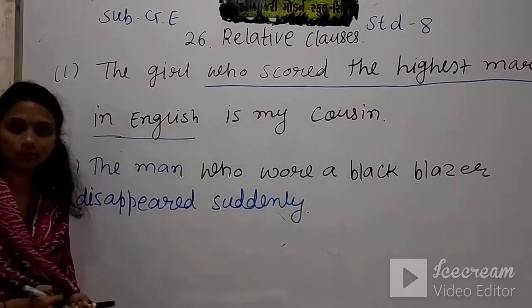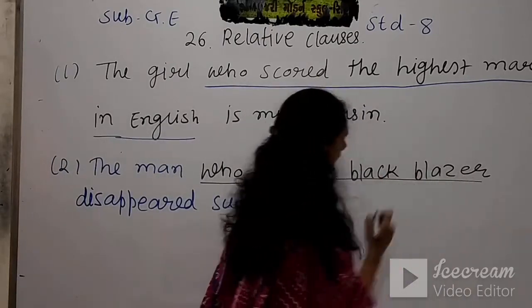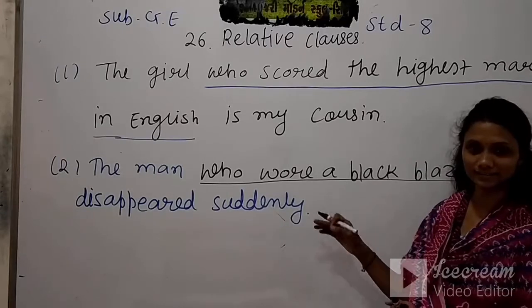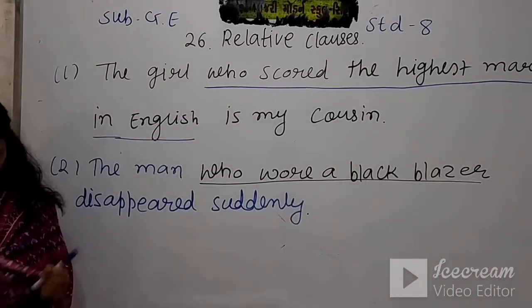So this marked part is our relative clause. This way the relative clause with who is used in these sentences. Please note this down, and after that we will go for the use of that.